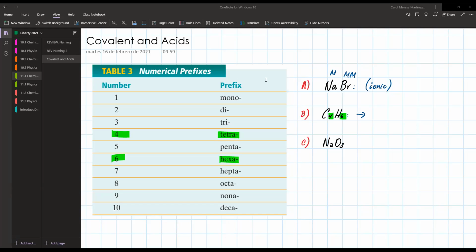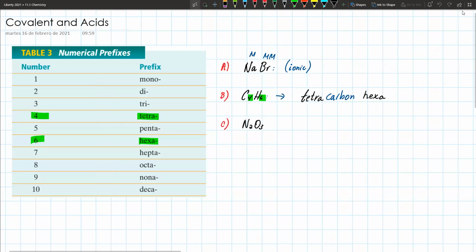Tetracarbon. Hexa. This is not hexahydride, it's hexahydride with the ending changed. Take a look.